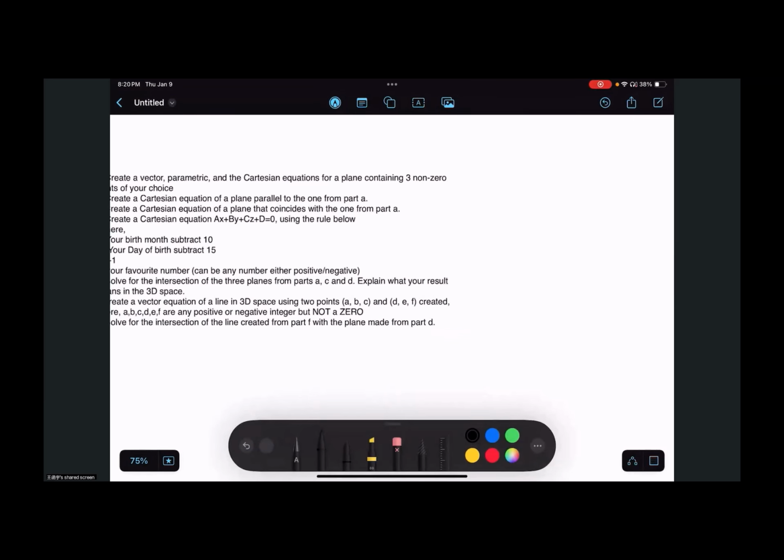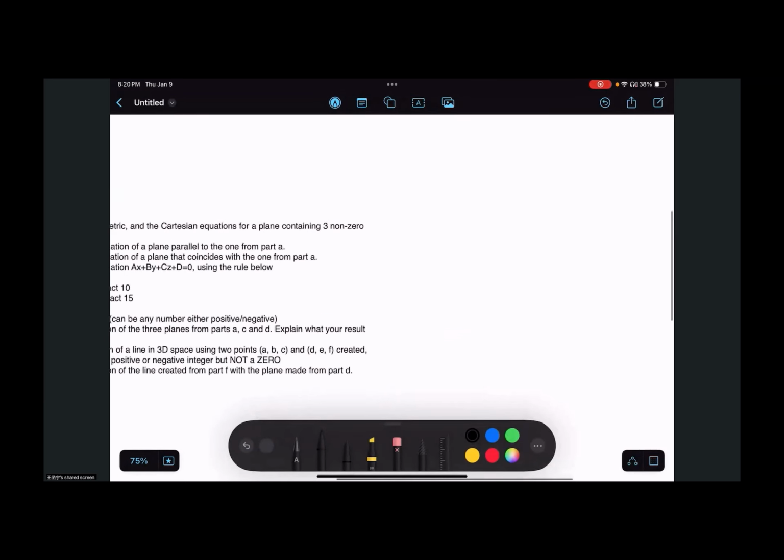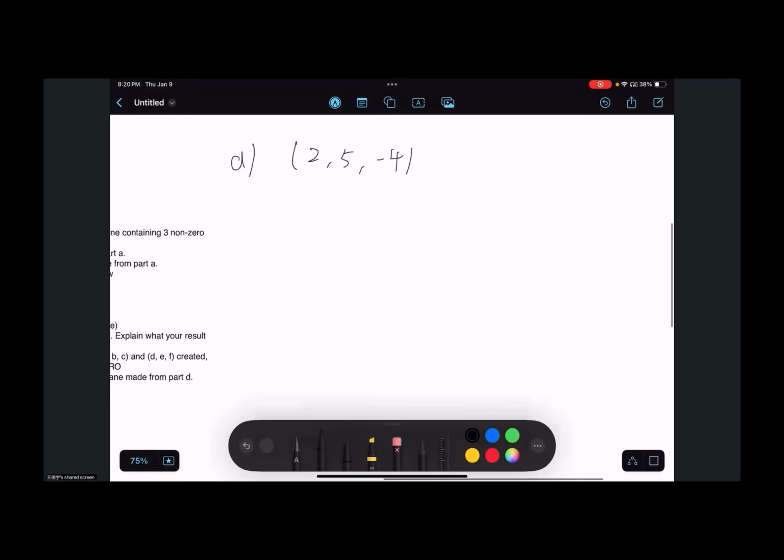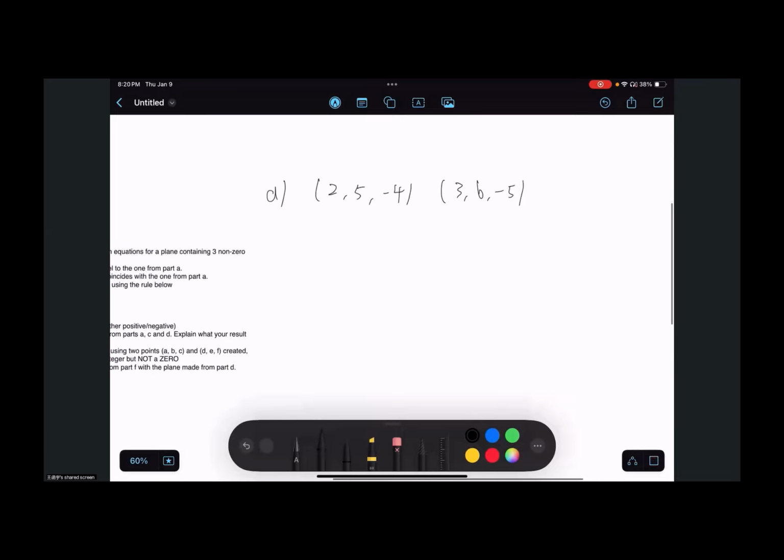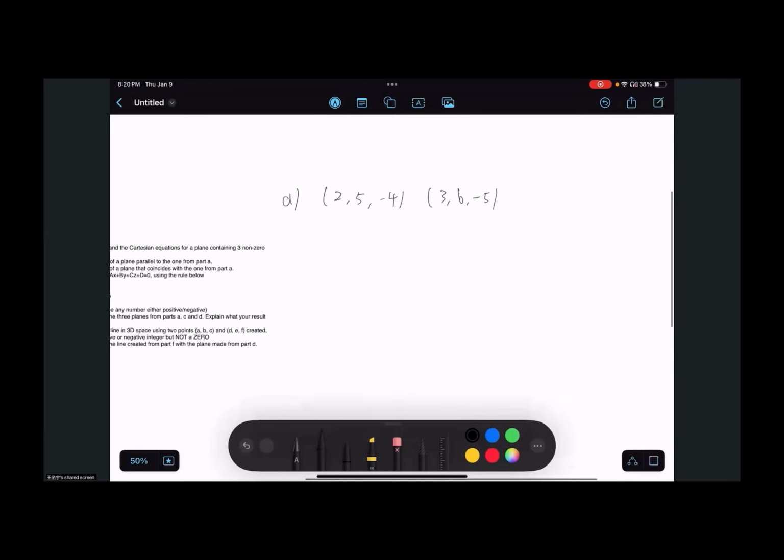So for the three non-zero points, let's just choose 2, 5, -4, and 3, 6, -5, and 4, 13, and -10.